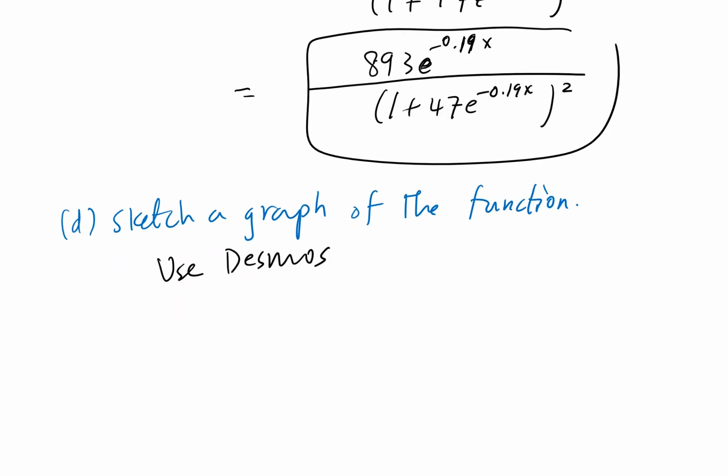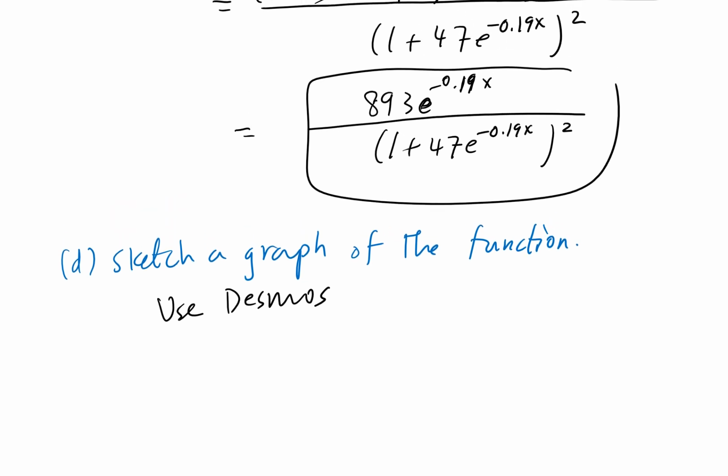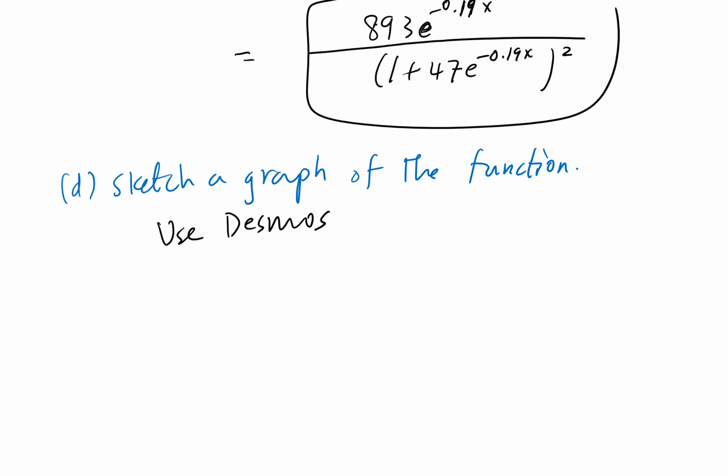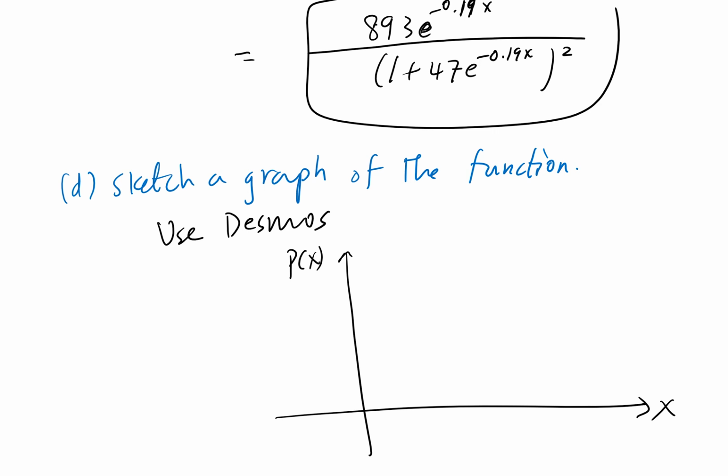So all you have to do is substitute P of x into Desmos, and of course you need to practice a little bit about how to use it. Not difficult. And watch what's going to happen. Here we have x, and this is P of x.